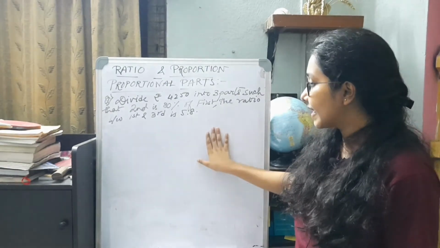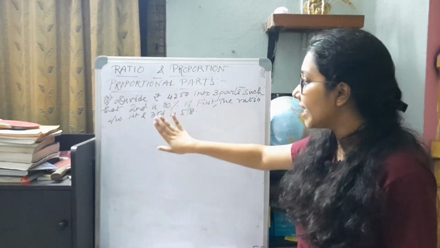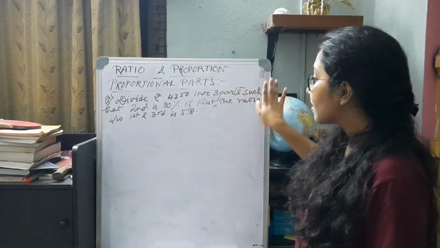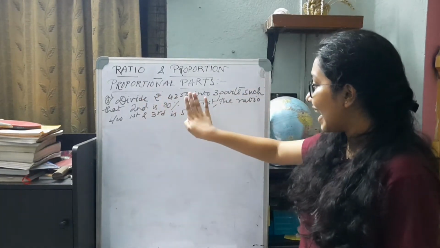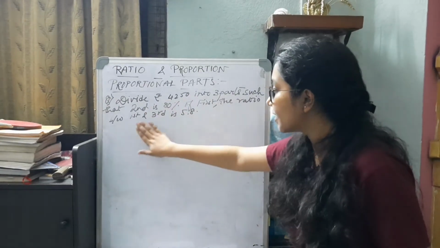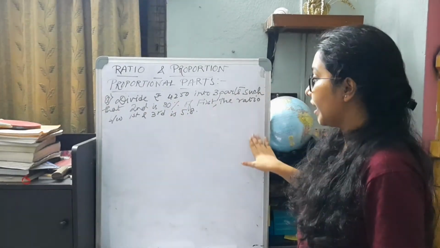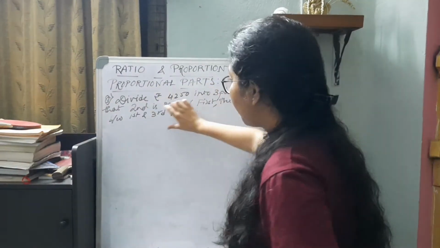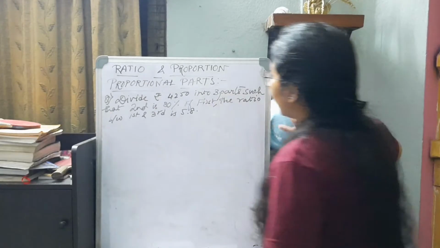As you can see, this question says to divide rupees 4250 into 3 parts such that the second is 80% of the first and the ratio between the first and the third is 5:8. So now we have to work with this data.